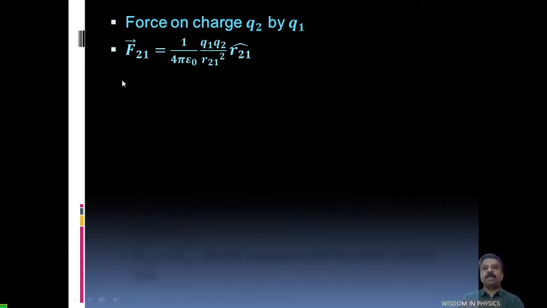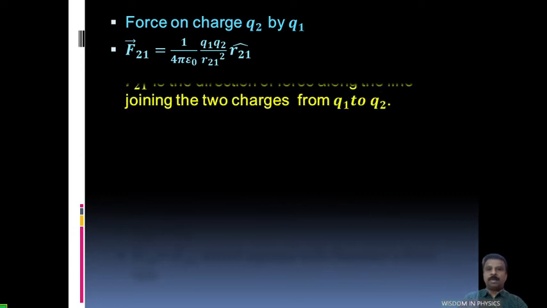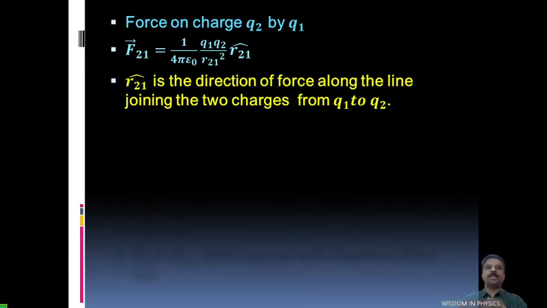That is what we have written. Here R21 cap is the direction, the force acting towards 2 from 1. That is the point you have to note. Got it, students? Good. Then R21 cap is the direction of force along the line joining the two charges. Already we have told that force always acts between the two charges along the line joining them, from Q1 to Q2.